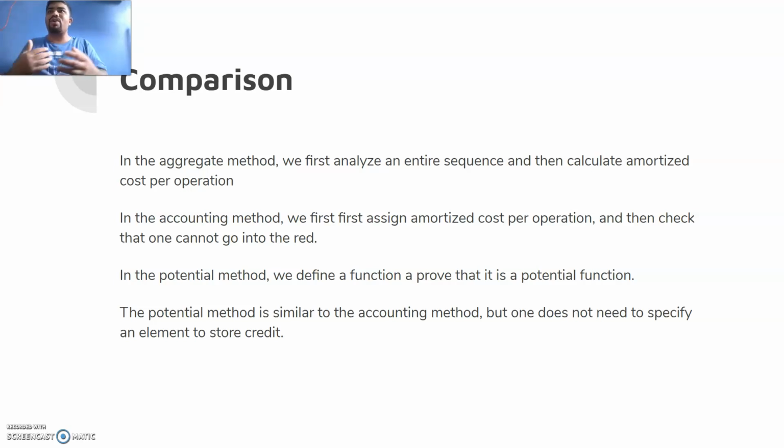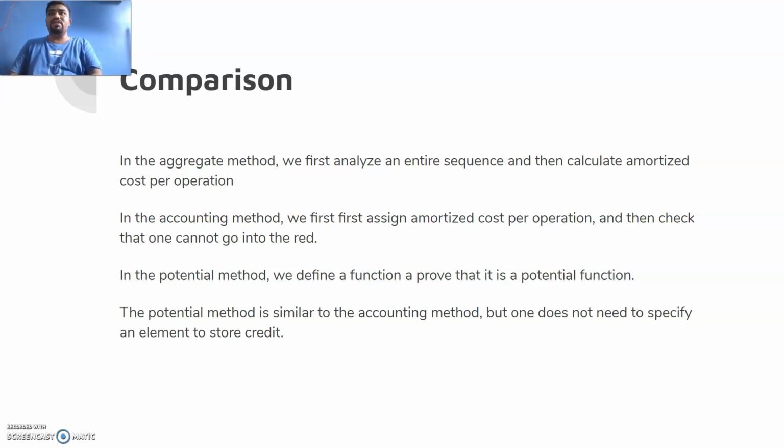So we assign some extra cost to get the amortized cost, and we always see to it that the bank balance doesn't go less than zero, right? We need something extra, extra credits. Now in the potential method, it's almost similar, but we just do it with the help of a potential function, right? So it's almost the same as the accounting method, but we just don't have any element or any bank variable to store the extra credits.